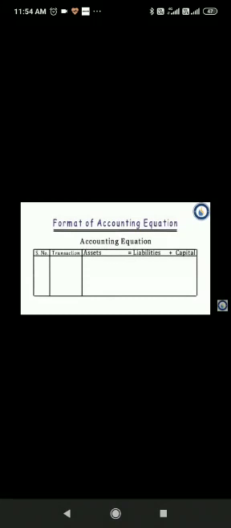After this, we will do assets equals liabilities plus capital. Always make a big column for assets and short columns for liabilities and capital, because assets are more than liabilities and capital in the question. So this is the format.